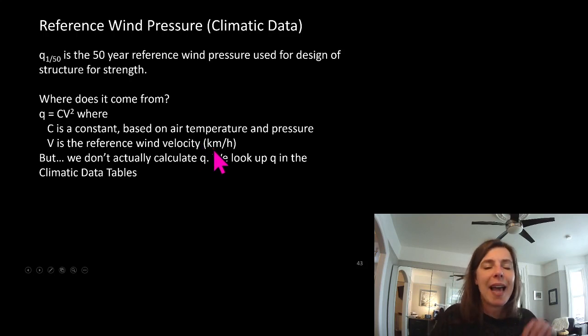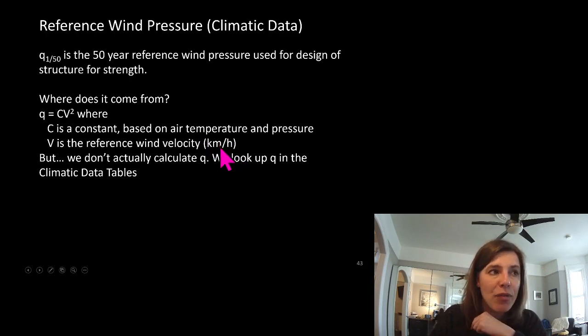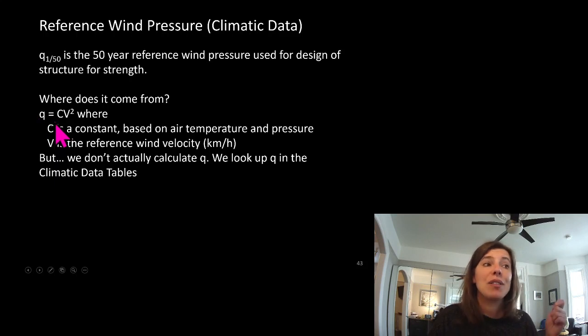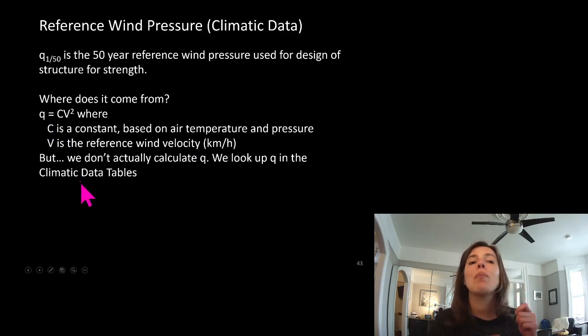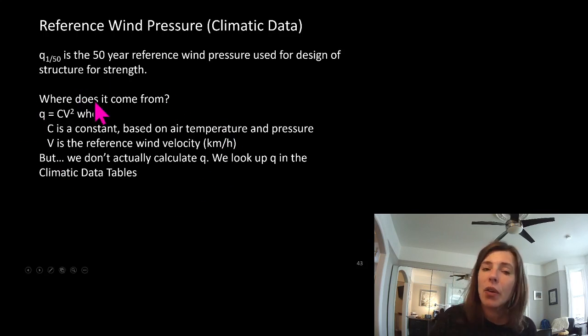They use the 3 second kilometer per hour value. So even if you take their velocity and convert it to Q, it's still not the same thing, because our Q is a 1 hour mean, and theirs, after we've converted kilometers per hour to a pressure, it's a 3 second gust. So there's more that needs to happen, and it can be done, but it's not a straight conversion. So that's just something to be prepared for if you're working back and forth between Canadian and American things. But again, you don't have to calculate this.